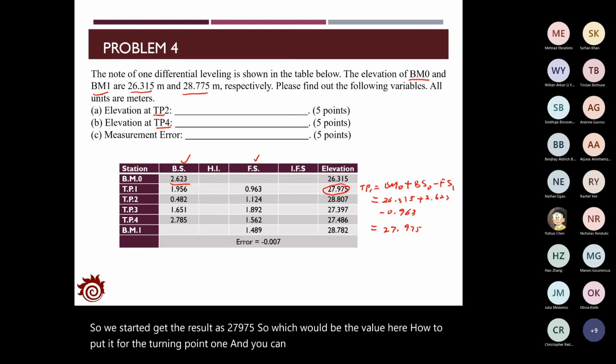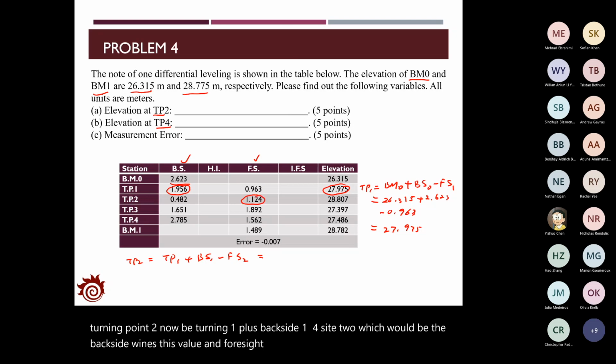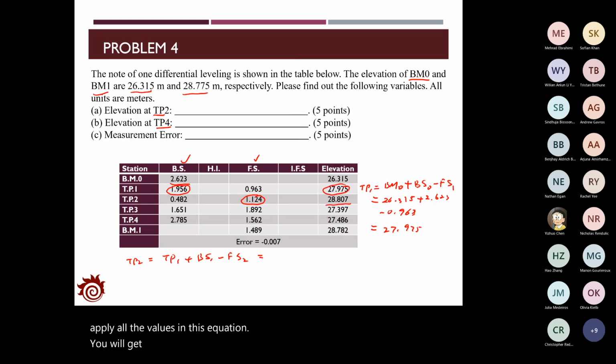You can apply the similar process for the turning point 2. That would be the turning point 1 plus backsight 1 minus foresight 2, where the backsight 1 is this value and the foresight 2 is this one. If you apply all the values in this equation, you will get the elevation of the turning point 2 as 28.807.